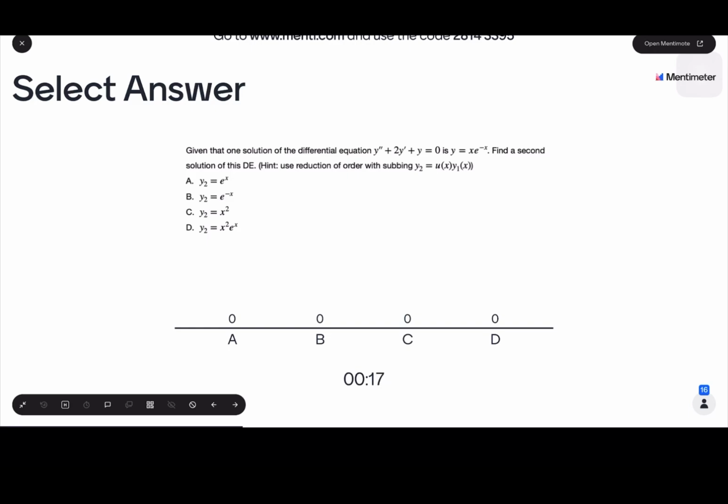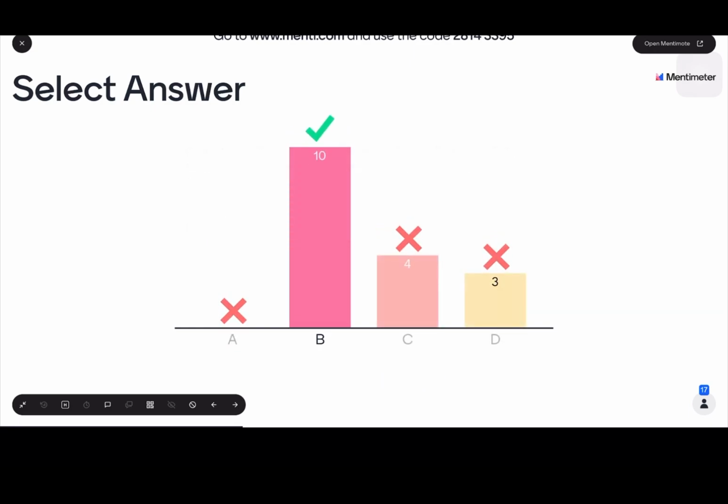Originally there were two questions, but I reduced it to just one. You can check the options.